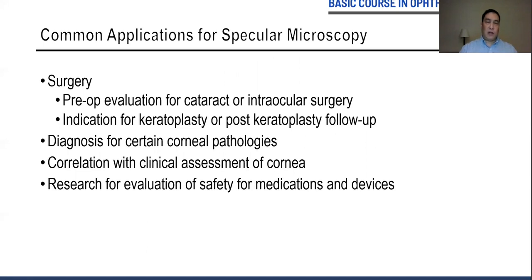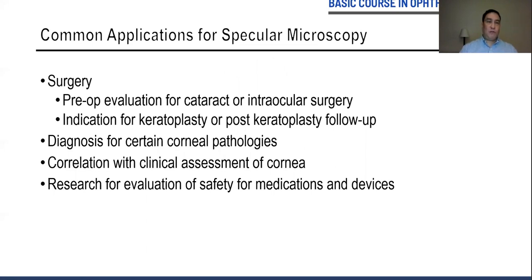So as cataract surgeons, you would want to see whether you have adequate cells to make sure that your cornea will remain clear after surgery. It is also used for the indication for keratoplasty or post-keratoplasty follow-up. You want to see whether there are enough cells for you to just postpone corneal transplant, or whether your patients will need corneal transplant soon.